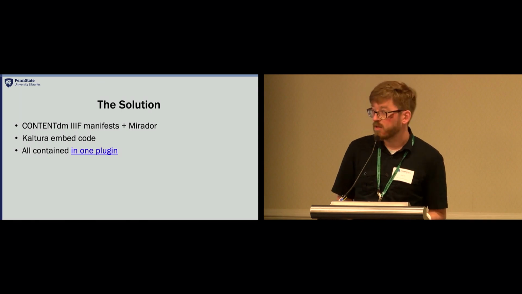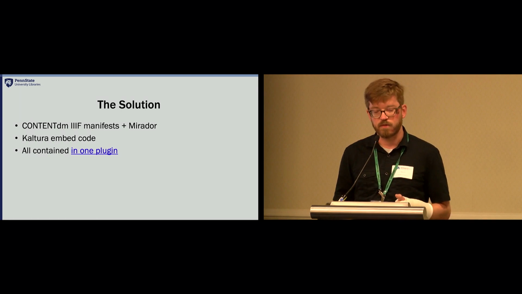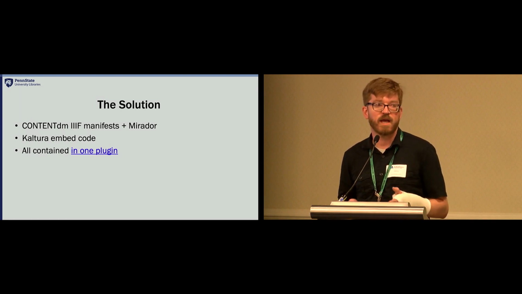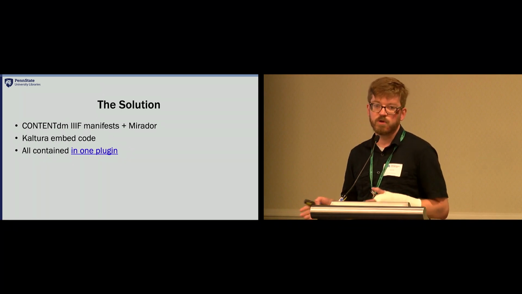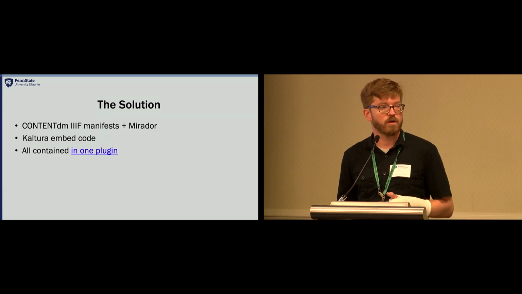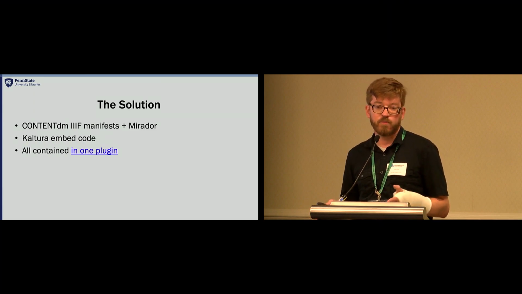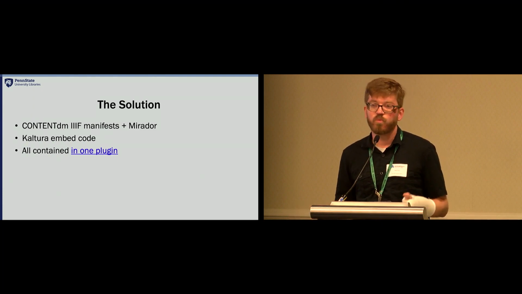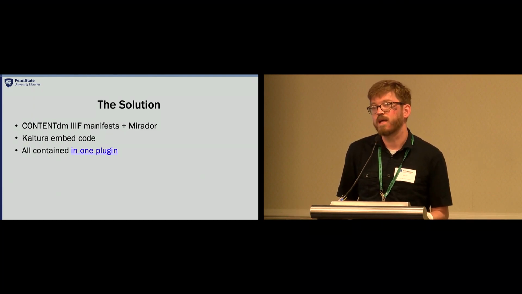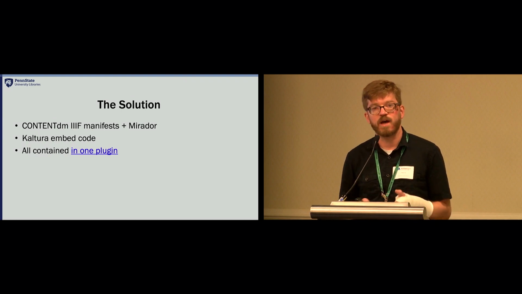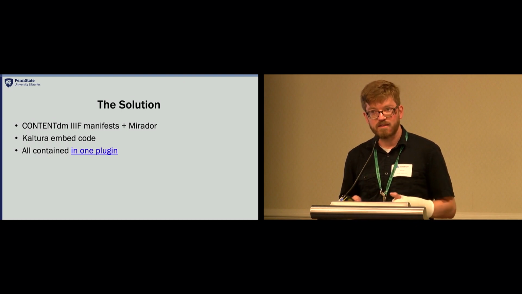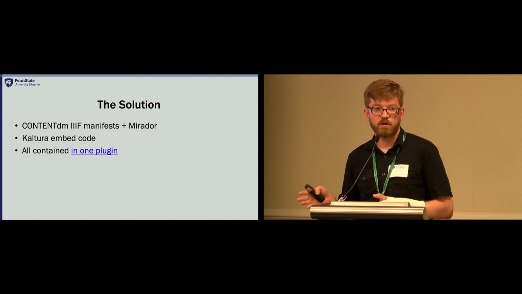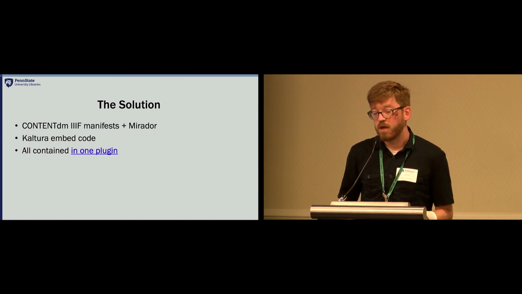So instead of that JPEG URL that presents the thumbnail image, we thought we would drop in a IIIF manifest URL, have Mirador implemented one way or another, and have people work with it that way. And then also figure out a way to drop the Kaltura embed code into the file URI for a digital object in ArchivesSpace and get the Kaltura player to show up on our public site.